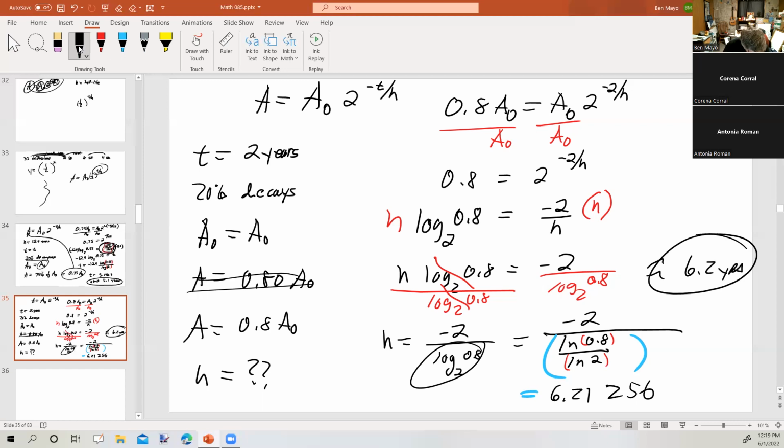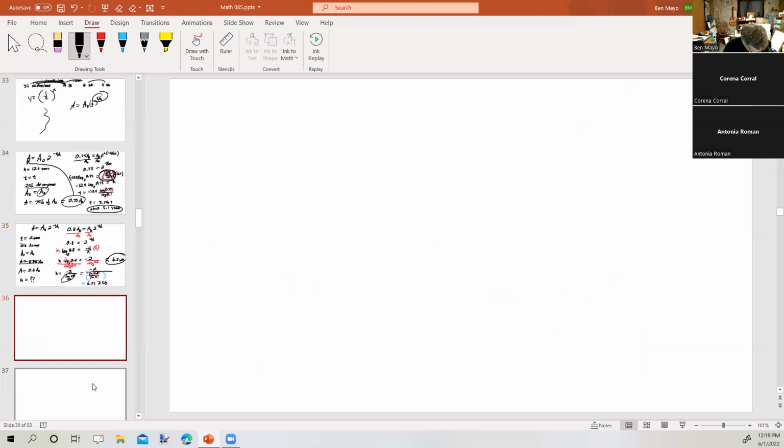Let's see here. One more of these. Carbon-14 dating. A bone fragment analyzed by archaeologists contains 60% of the carbon-14 that it's assumed to have had initially. How old is it?